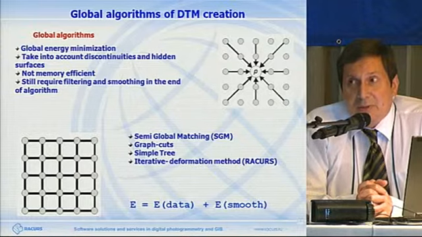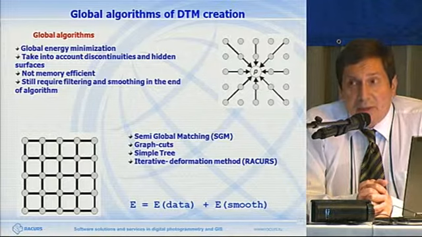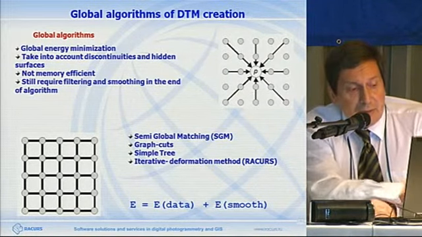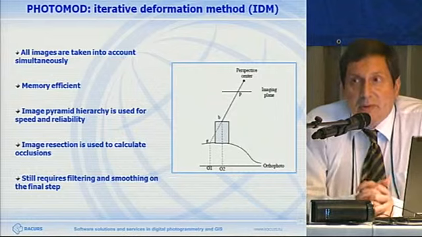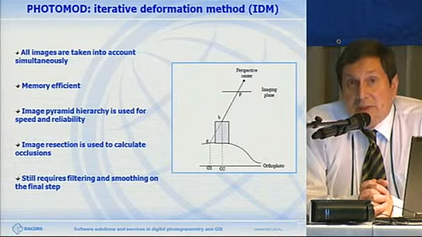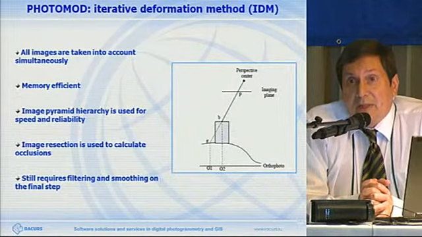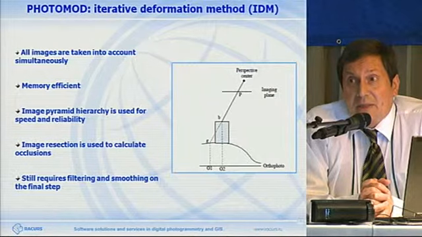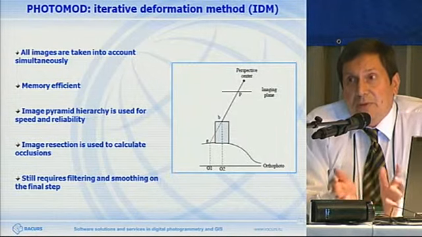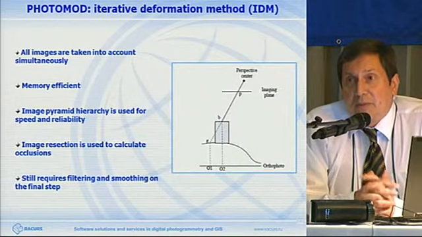Last year it didn't have a name, now it has a name. We call it the iterative deformation method. It has a lot of details, but the idea is simple. If we have one or two images of one surface and we build an orthophoto, and my surface is correct, then I will have a very good orthophoto.